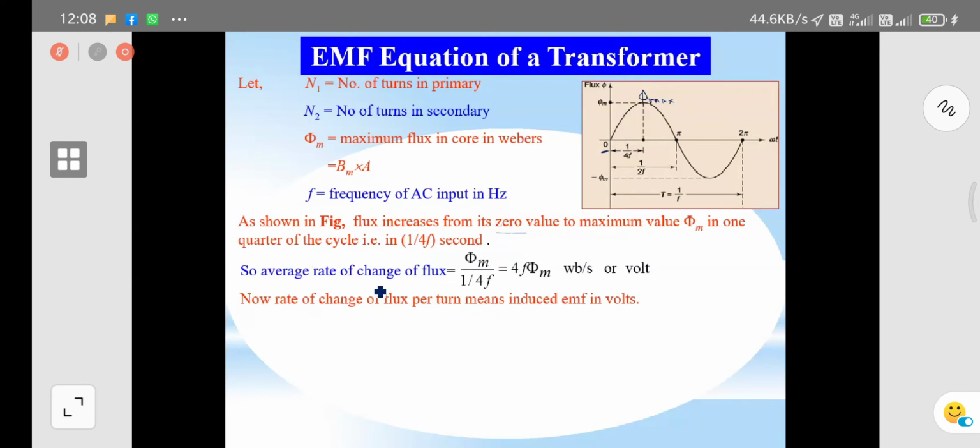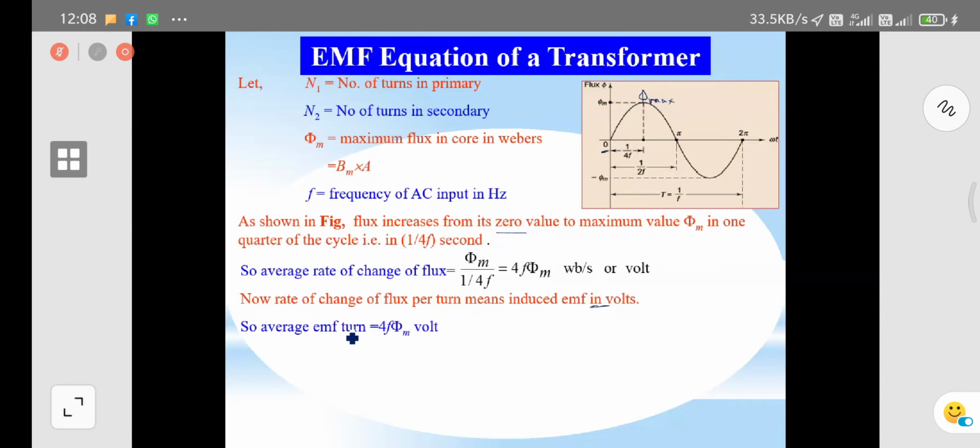So the average rate of change of flux equals phi m by 1 by 4f, that is 4 into f into phi m Weber per second or volt. Now rate of change of flux per turn means induced EMF in volts. Then you can see.